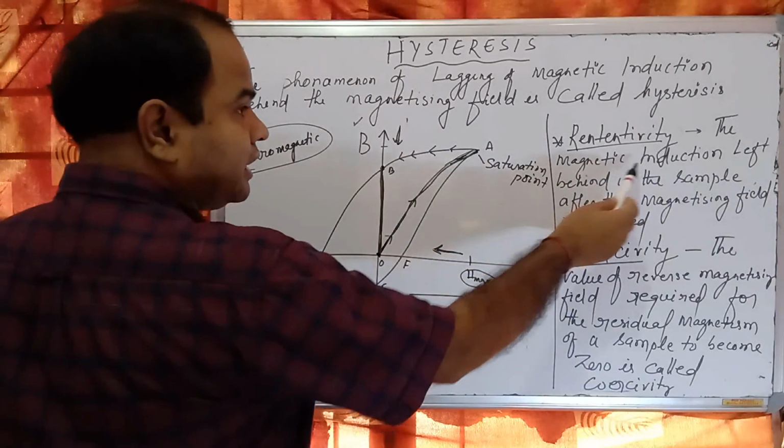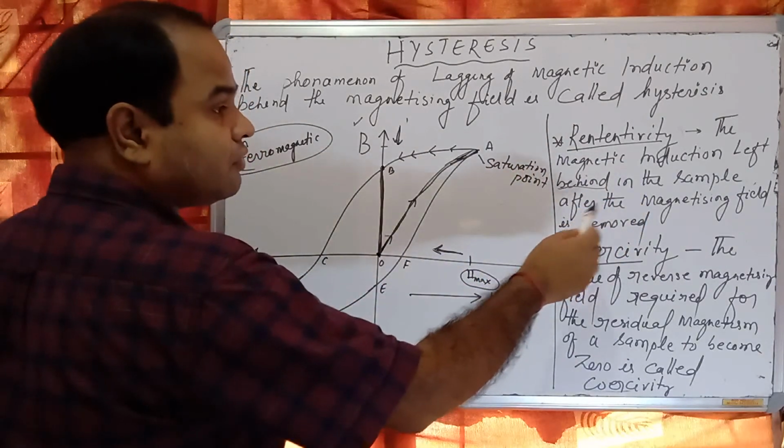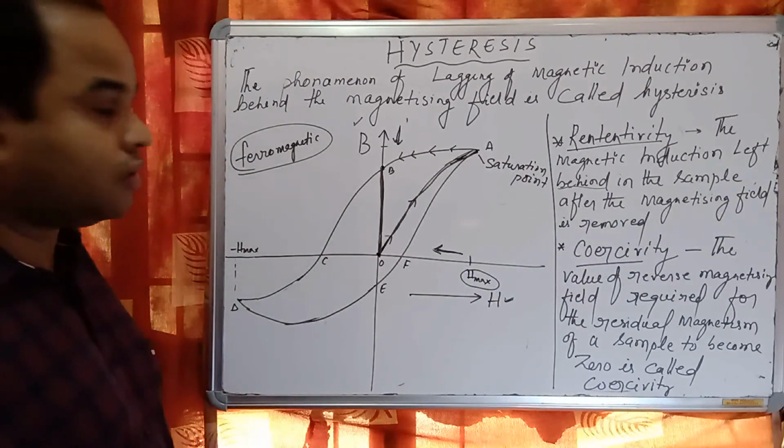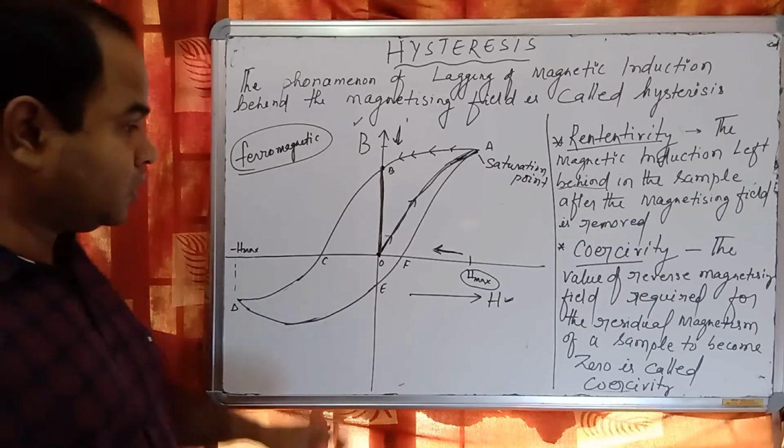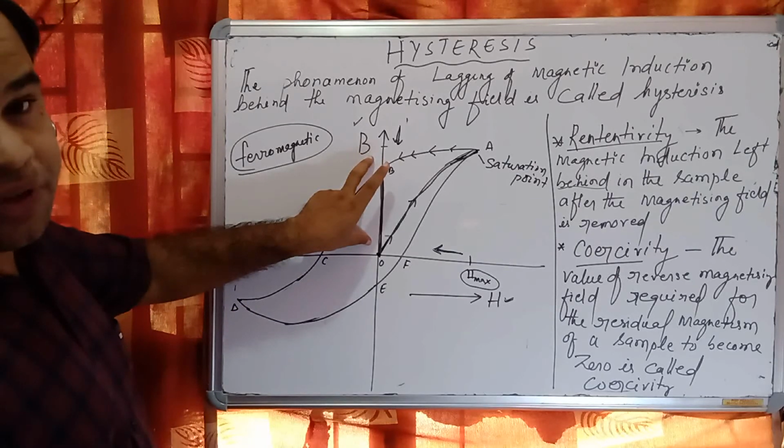The magnetic induction left behind in the sample after the magnetizing field is removed is called residual magnetism.